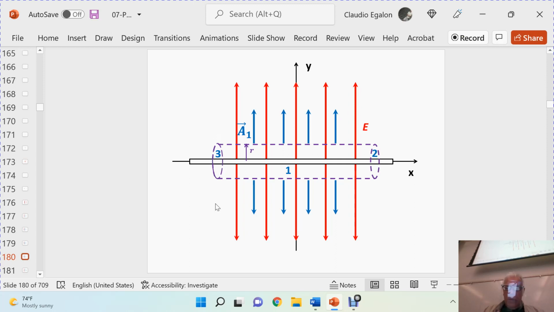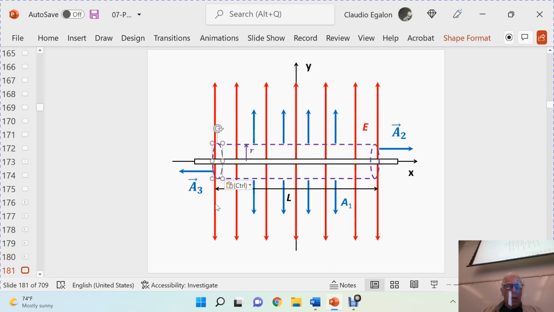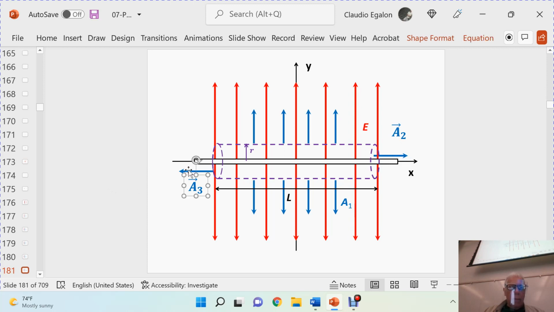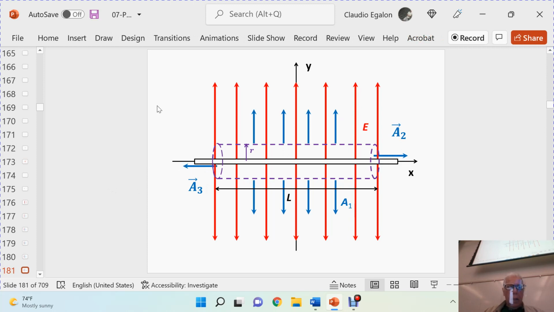I'm going to paste my surface number 3 right in here. Surface number 2 is already here. Those vector areas always point away from the closed surface, and not towards.